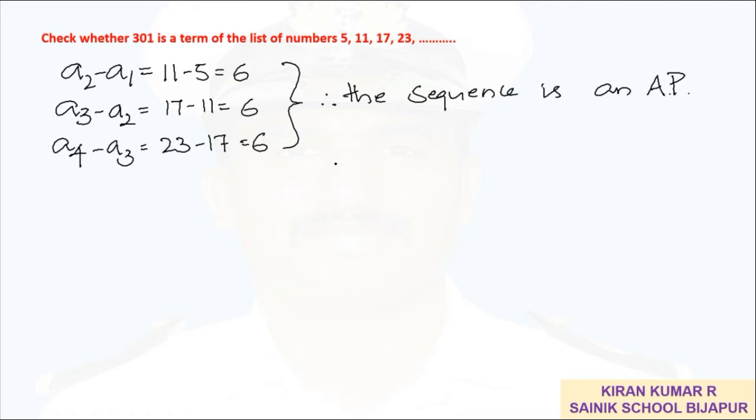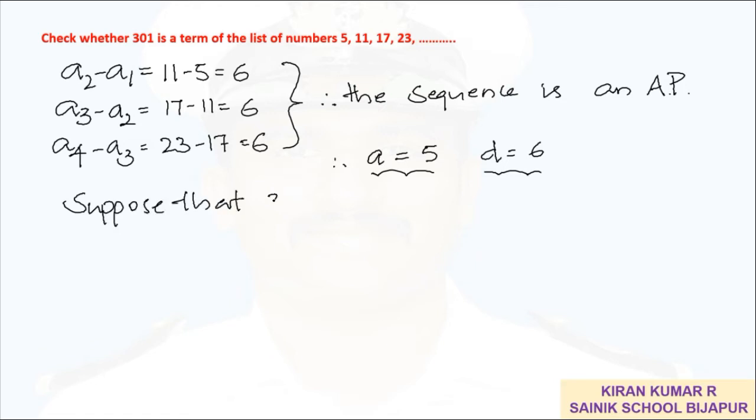Therefore, the first term here I consider as 5, and the common difference I'll take as 6. With this, I need to check whether 301 is a term of the AP. For that, let me suppose that 301 is the nth term of this list.